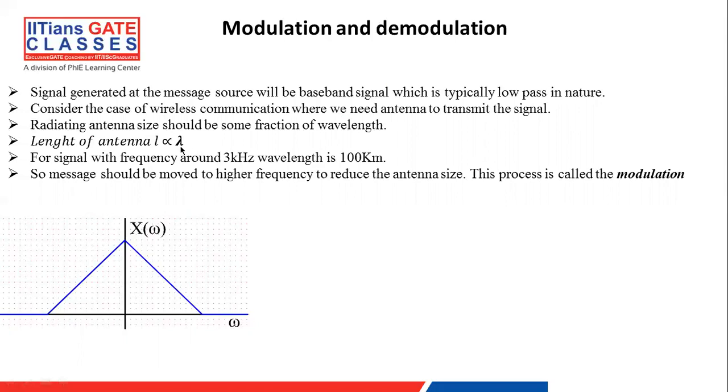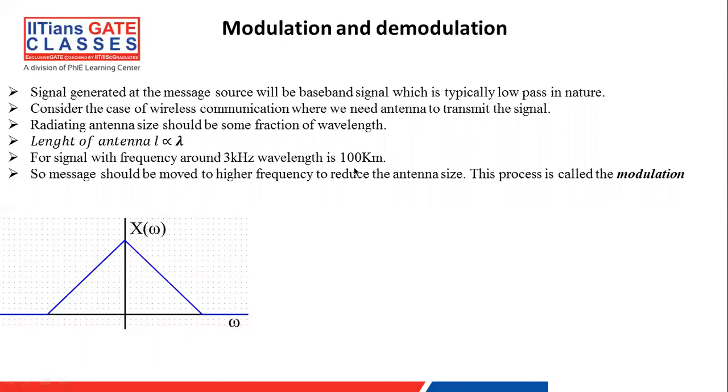If the signal frequency is very low, then its wavelength will be very high, and if its wavelength is very high, then the size of the antenna will be very large. For example, for a signal with a band frequency of around 3 kilohertz, the wavelength will be 100 kilometers, and the size of the antenna will be on the order of a few kilometers. And that is a very huge number.